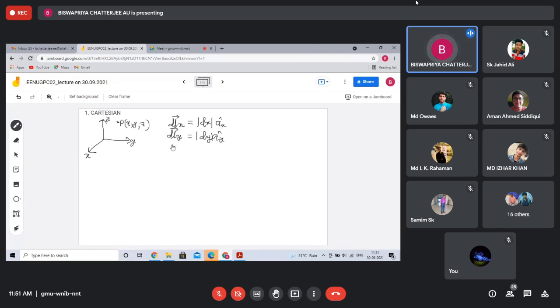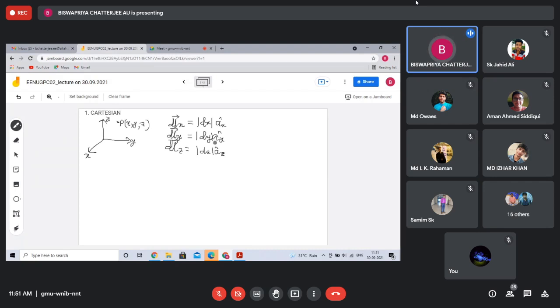And along the z direction, it should be dlz, a vector. The magnitude part is dz, and the unit vector part is az cap.